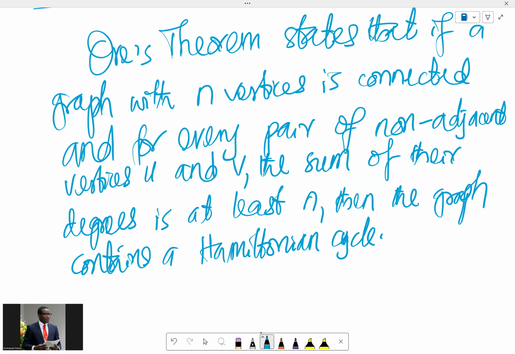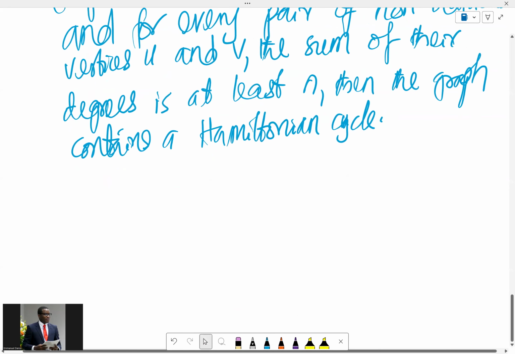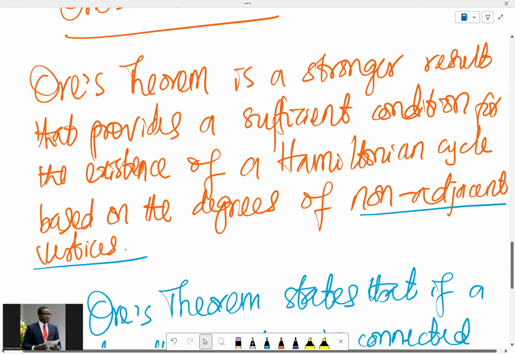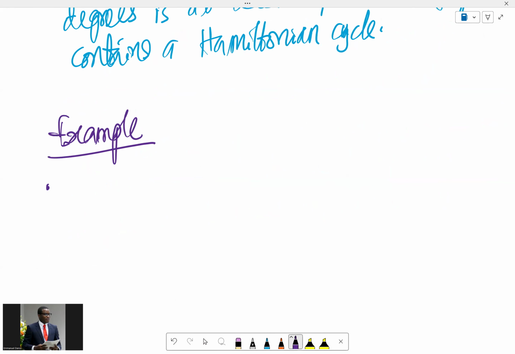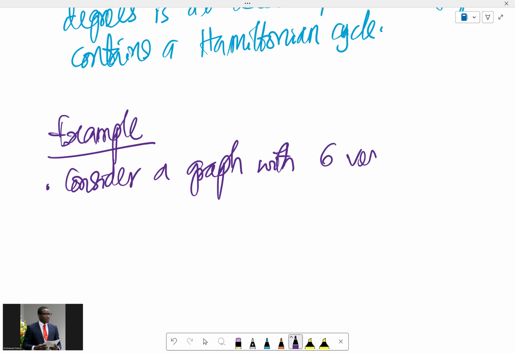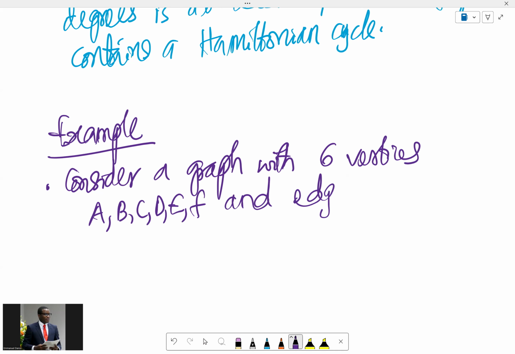All right, so let's take an example of that. Imagine a graph, consider a graph with six vertices A, B, C, D, E, F, and edges.